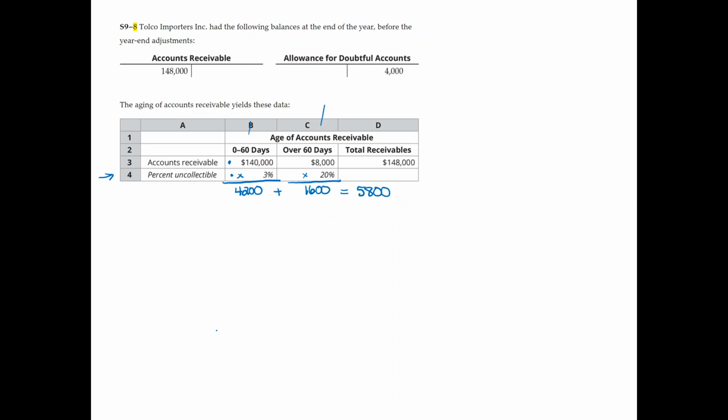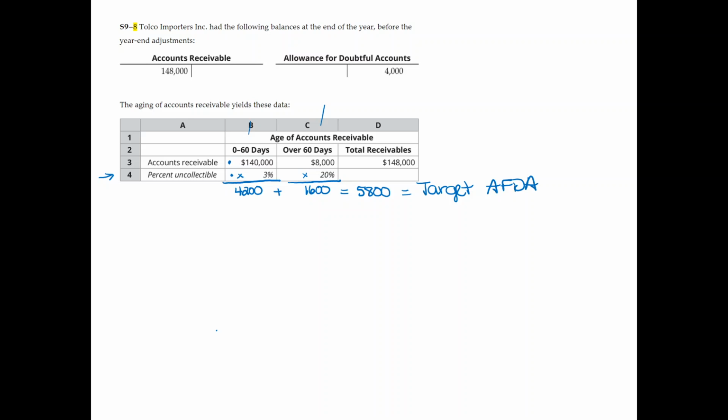So are we going to book that full amount in our journal entry? No, because now that we've switched to this aging of AR, we're basing it on the AR that we have at this balance sheet date at the end of the year. So this is the target allowance for doubtful accounts that we want.